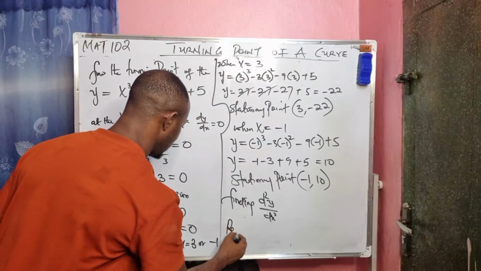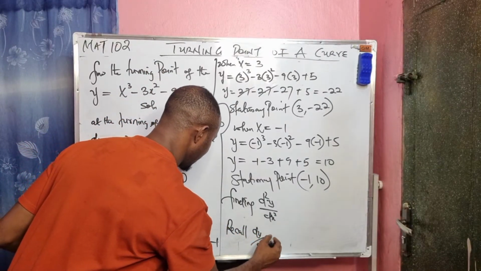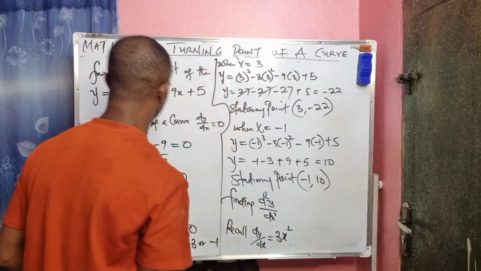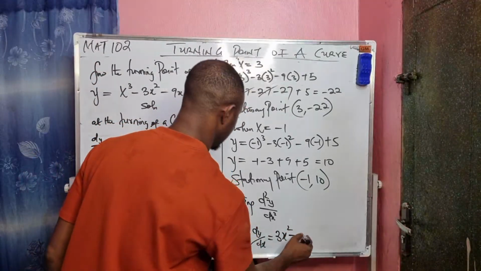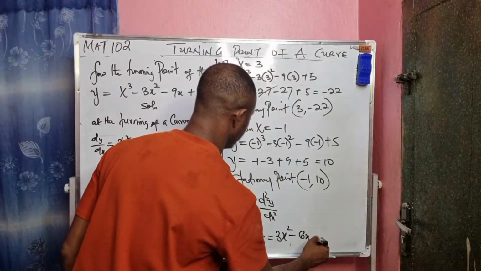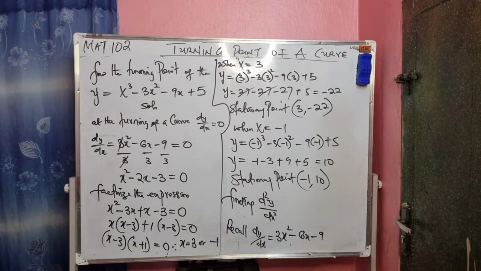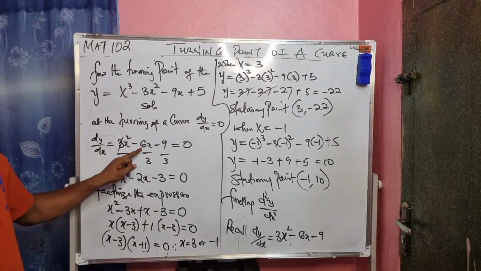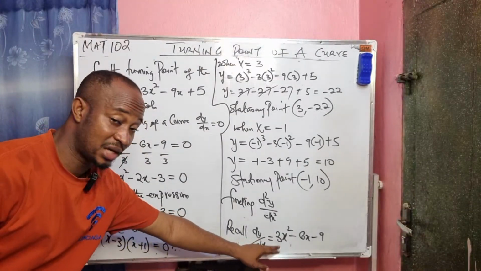Just recall that the derivative is 3x squared minus 6x minus 9. Is that clear? 3x squared minus 6x minus 9. So that is what I just recalled.